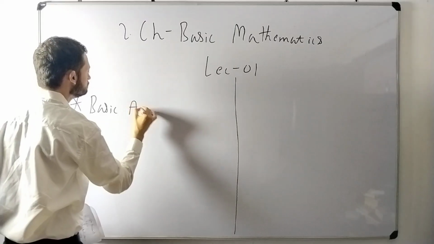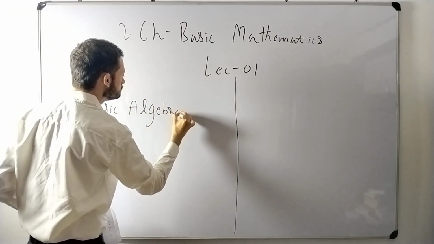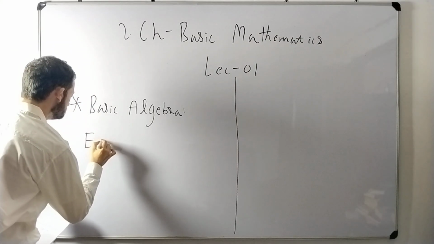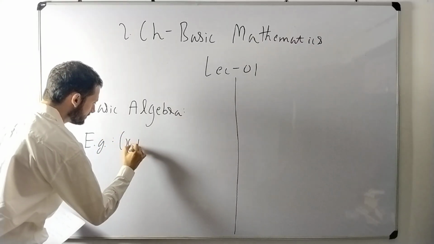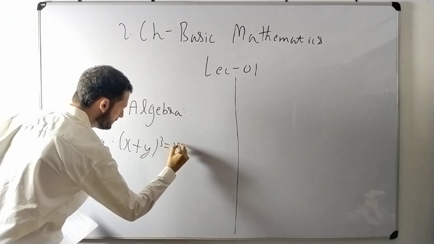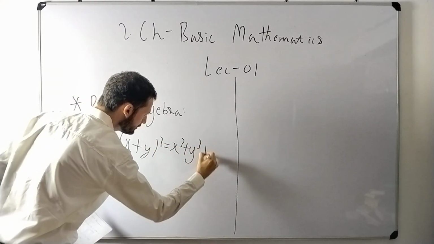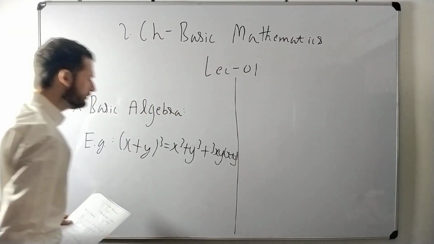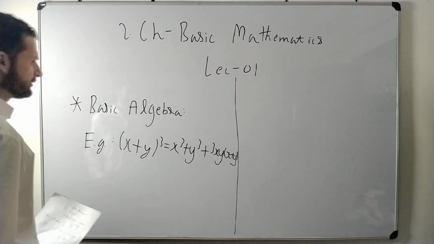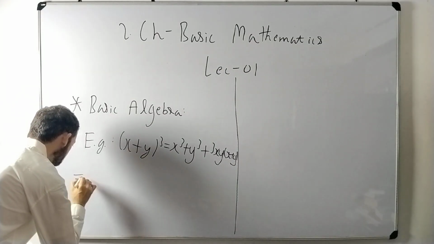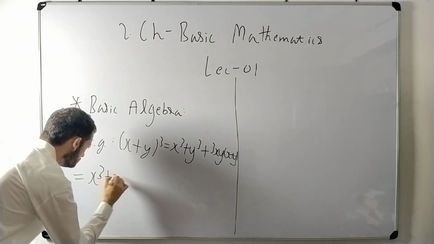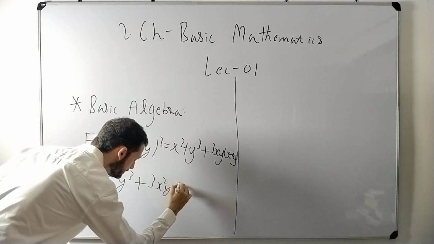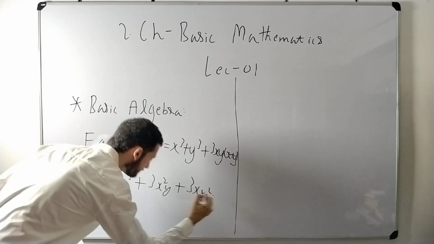Basic algebra. An example of it: (x plus y) cube happens to be x cube plus y cube plus 3x square y plus 3x y square.